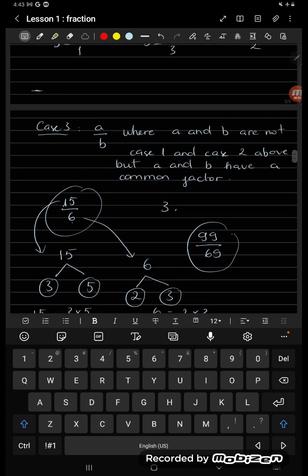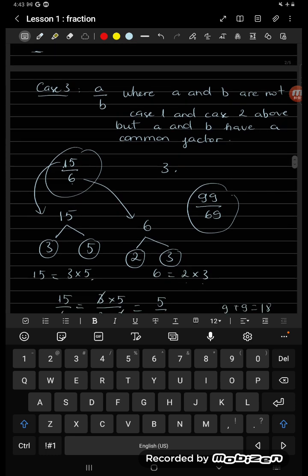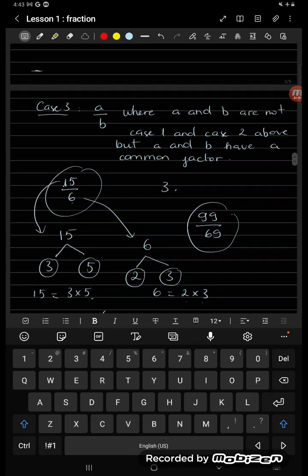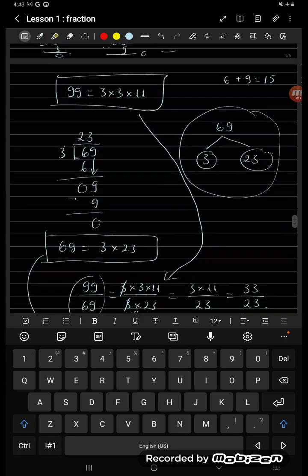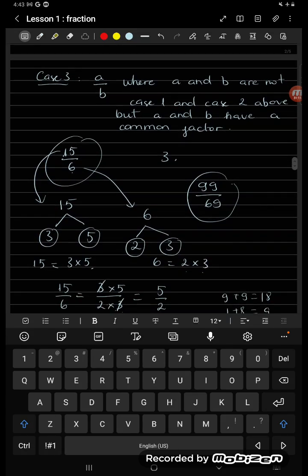It's very important when you do addition, subtraction, multiplication, and division of fraction. Case 1 and case 2 are simple, right? Case 4 also simple. So the most important thing is case 3.